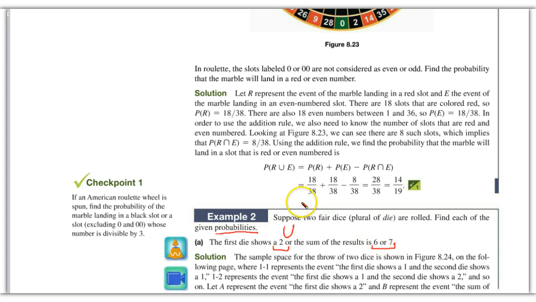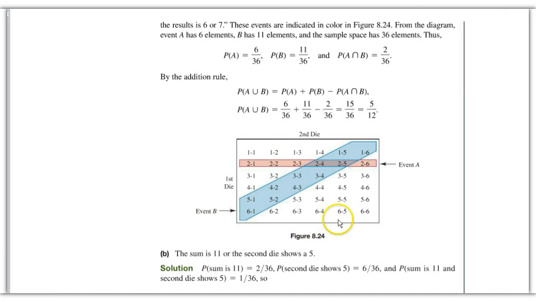To see this, I'm going to move to the next page, and you can just look at your booklet. Now this little chart is one that works out very nicely. They have what one die will be, a 1, 1, 1, 1, 1, 1, and then the other being a 1, a 2, a 3, a 4, a 5, a 6, and they lay it all out. So we have 6 this way and 6 this way.